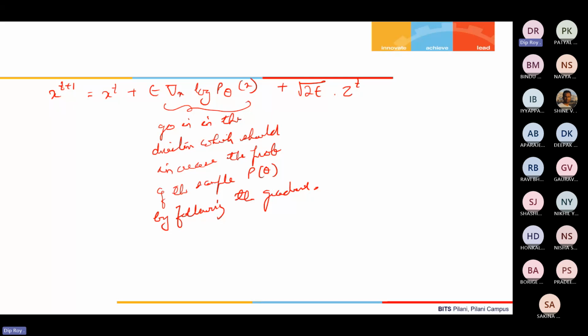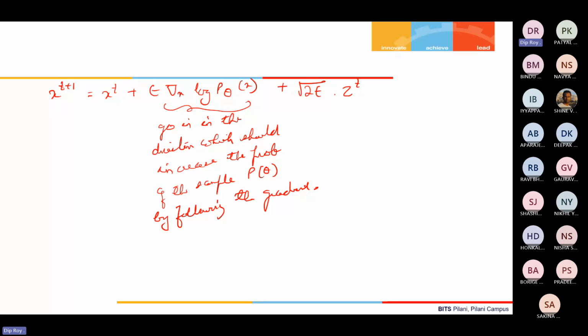There is a certain ratio in which the step size of the gradient and the noise has to be scaled to make it work. So this is kind of empirical.